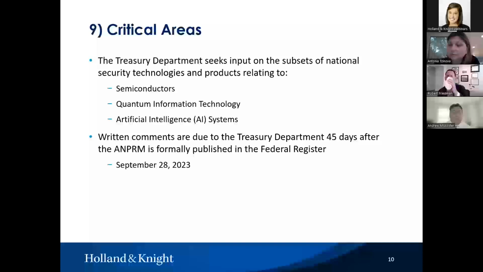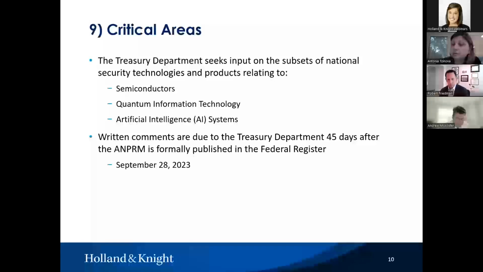There's a pretty good chance, given the foreign affairs function of the outbound investment program, that we would advance from the state we're in now to at least an interim final rule subject to refinement, subject to additional comments. So again, this is certainly the public's opportunity.